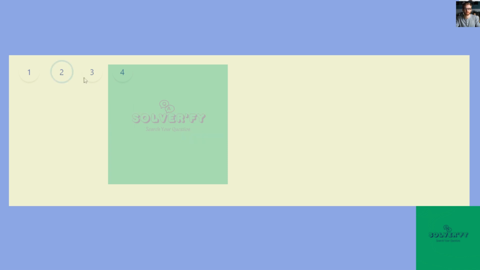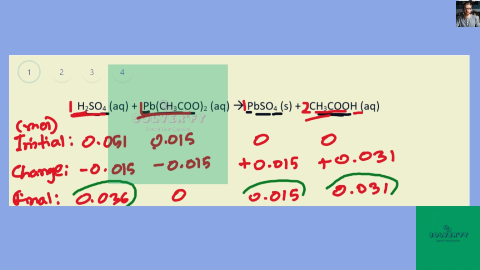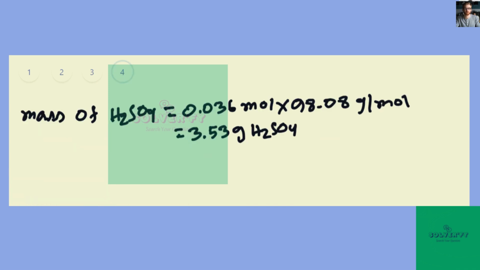Then since all the lead acetate is completely consumed, the mass of lead acetate will be 0.